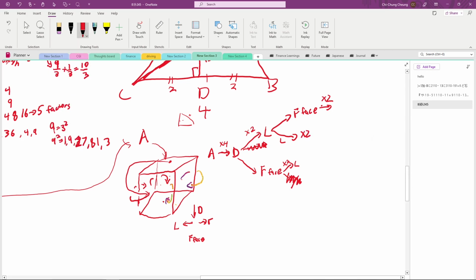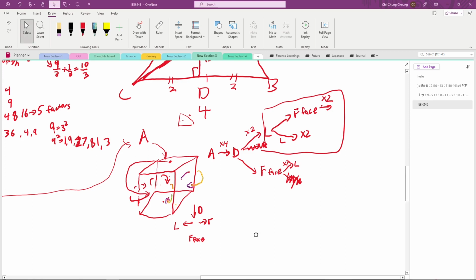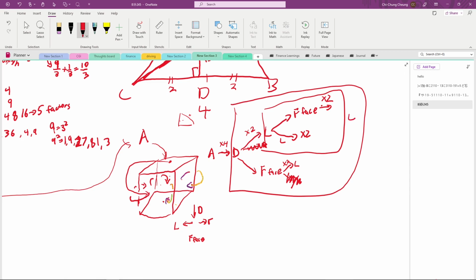Which in total, let's start counting. So this part is 2 plus 2, 4, so this is 4.